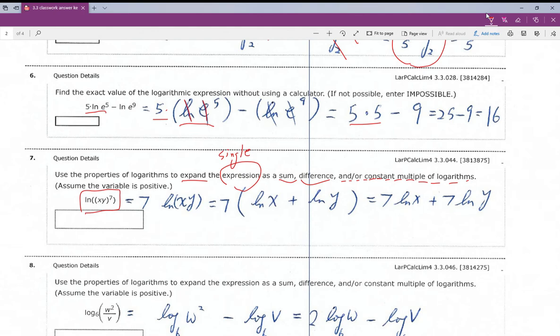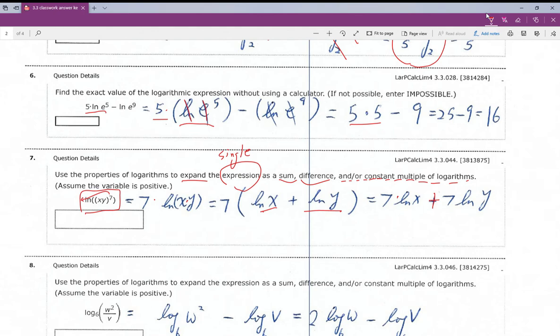So for this case, you have one single expression. You want to change it to multiplication and division, multiplication and addition all together. How can you do that? First, you use a formula to bring 7 outside to become multiplication. And then inside, when you have multiplication, you can separate to become 2 items added together.